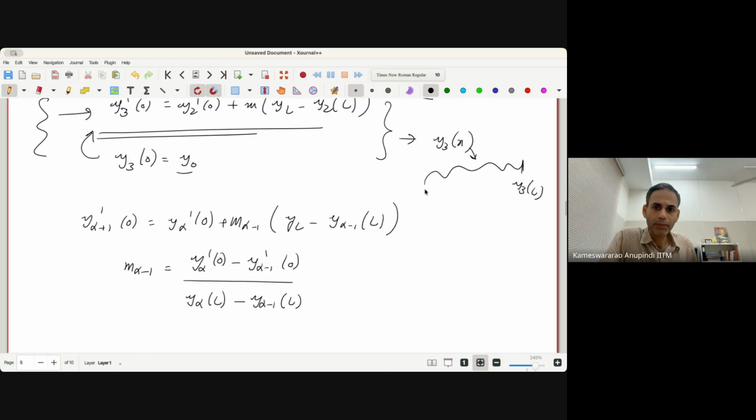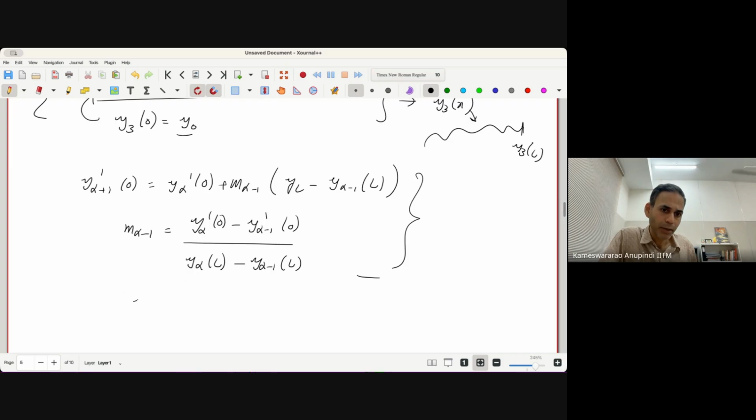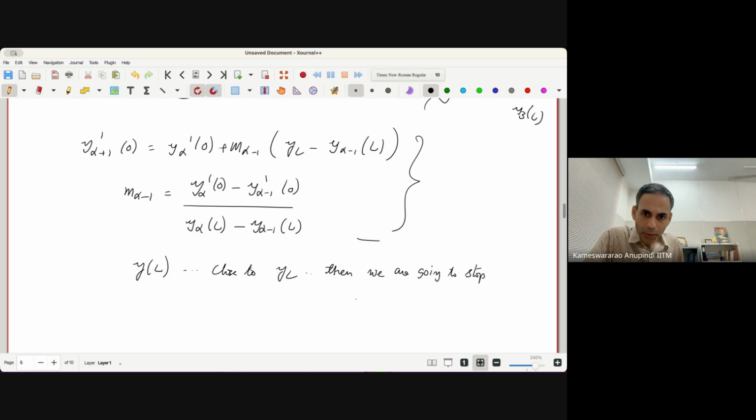So if I do this for several values of alpha, eventually my y of L that I would obtain here will get close to YL. Then we are going to stop iterating.